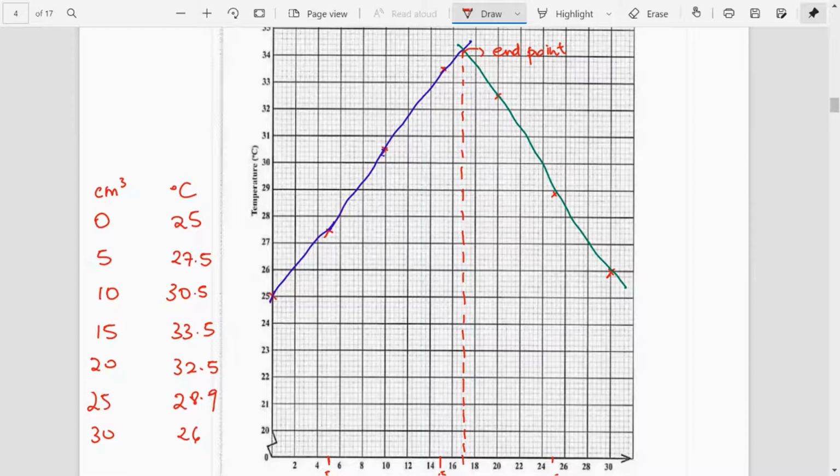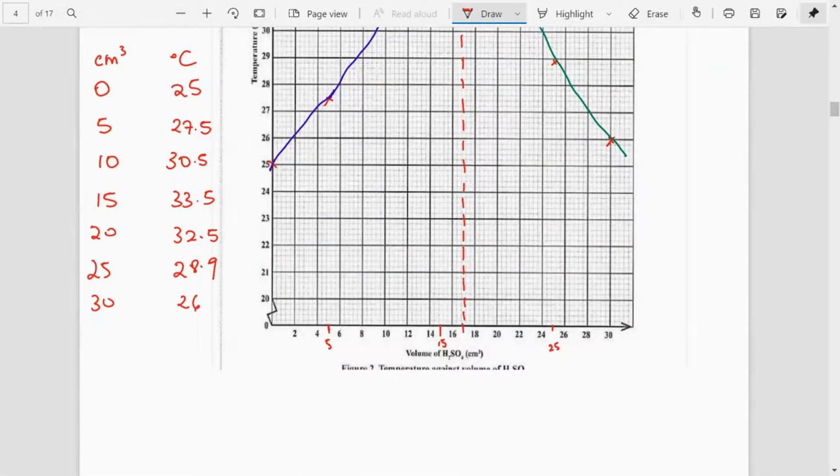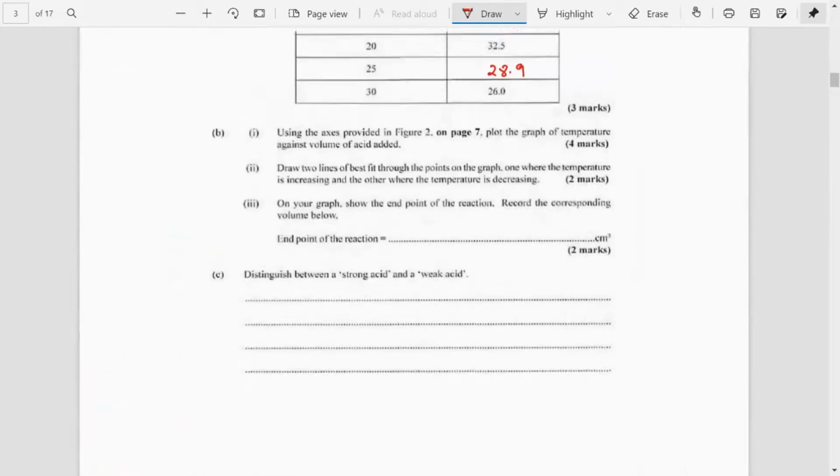Sometimes you can have a difference called a titration error, a minor difference sometimes between the endpoint and the equivalence point. But this would be your equivalence volume, and that looks like about 17 centimeter cube. Let's write that in. Endpoint of the reaction, 17 centimeters cube.